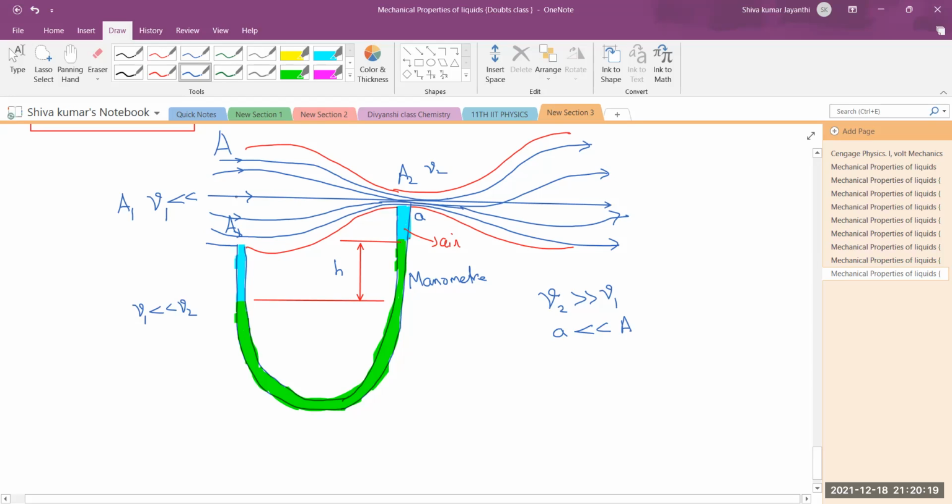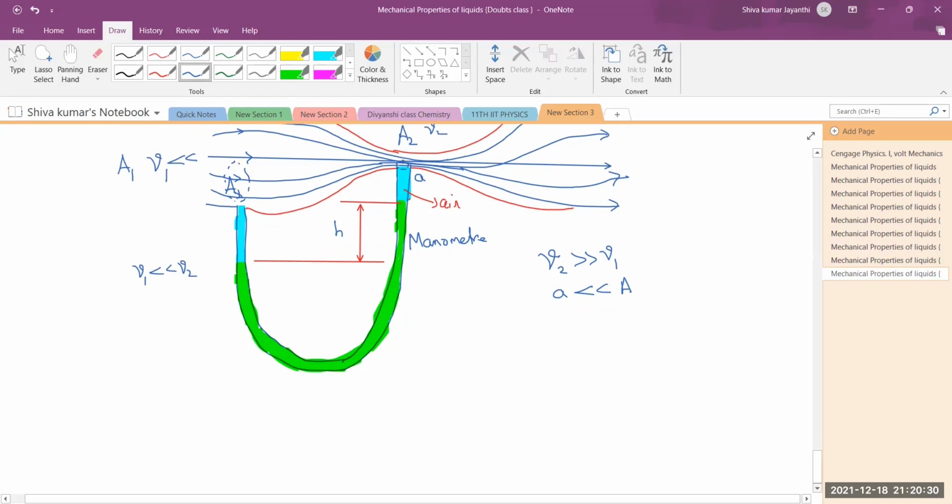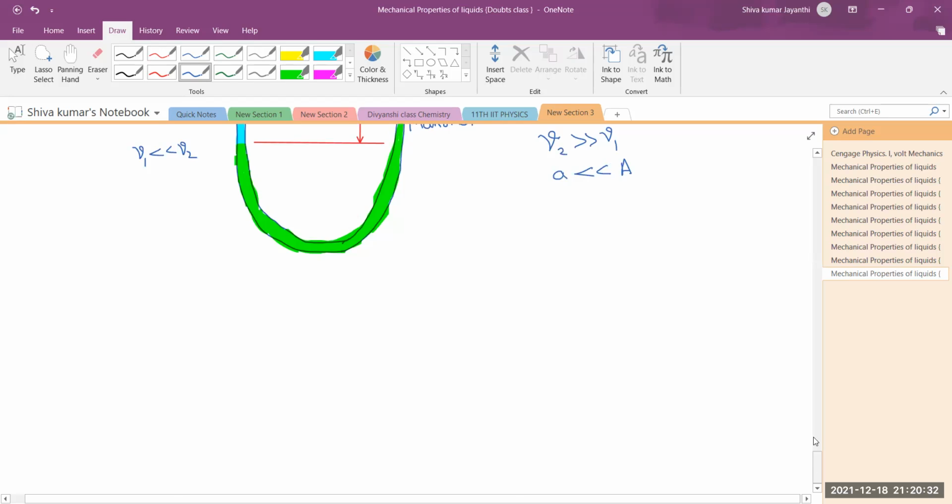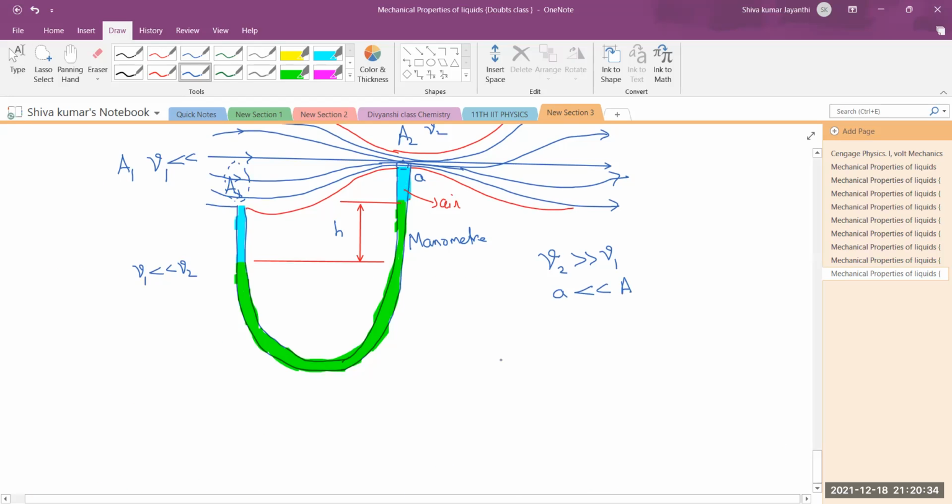The fluid here and here are at the same height. Height difference is not there, so there is no difference in the potential energy of the fluid at this influx and outflux. That is the only approximation we should take under consideration.